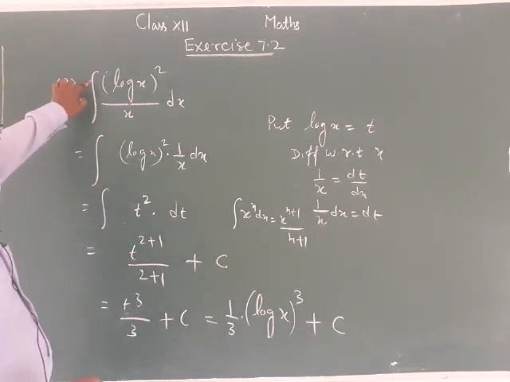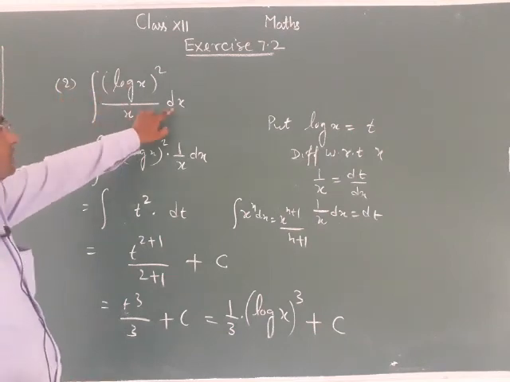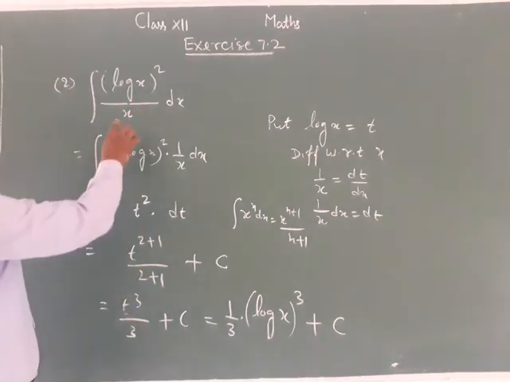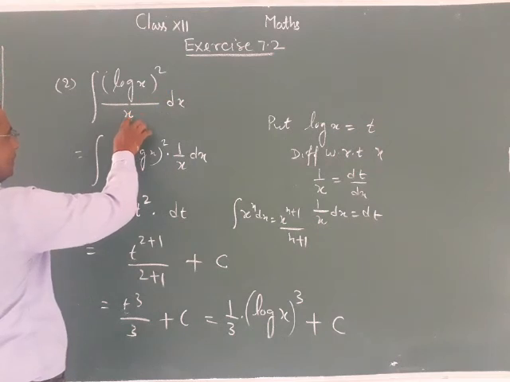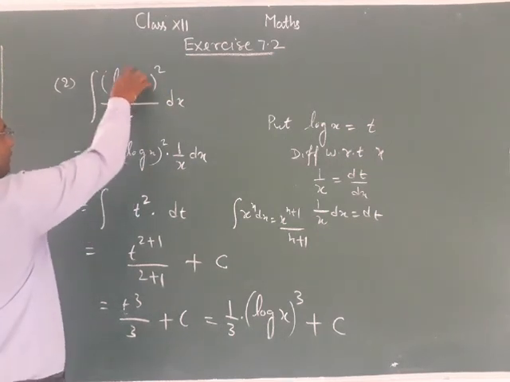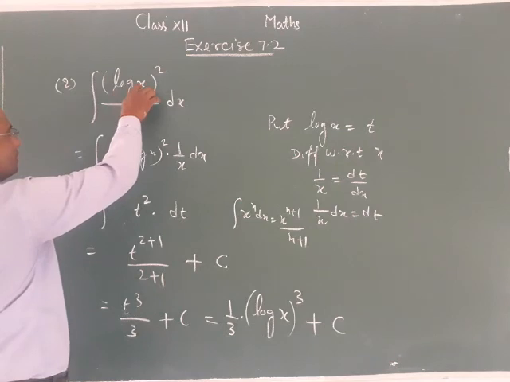Now the integration of log x upon x dx. So 1 upon x is the derivative of log x.